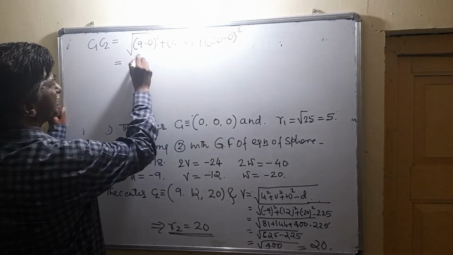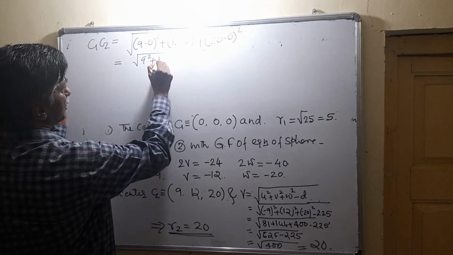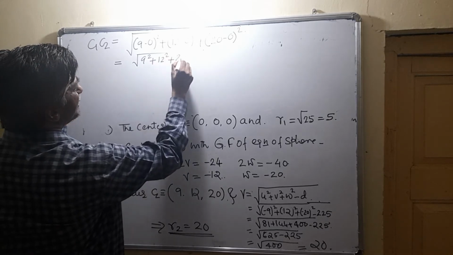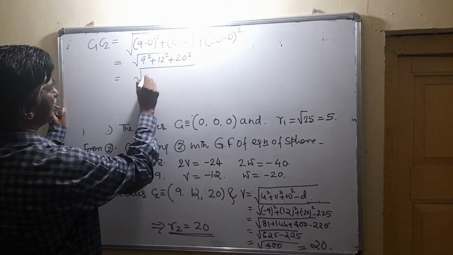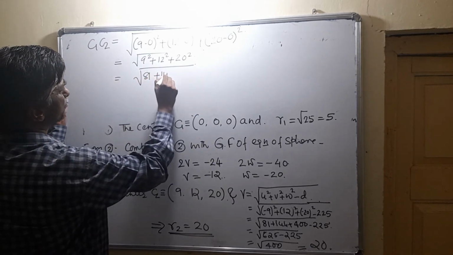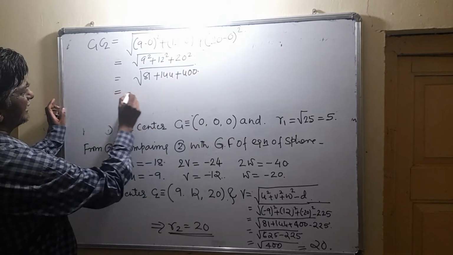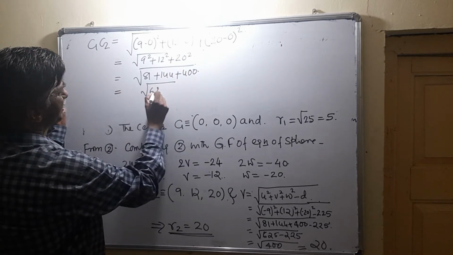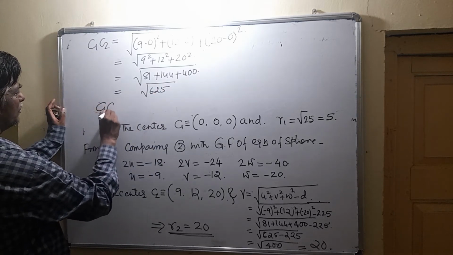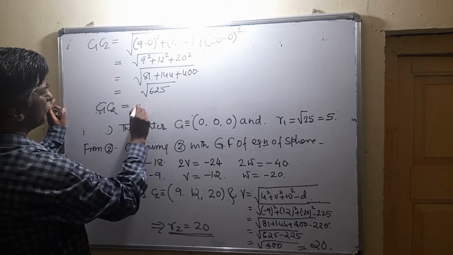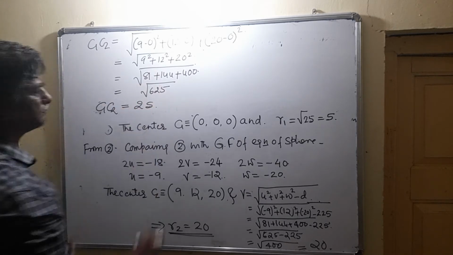This is nothing but 9 square plus 12 square plus 20 square, which is 81 plus 144 plus 400, equal to 625. C1C2 equal to the square root of 625, which is 25.